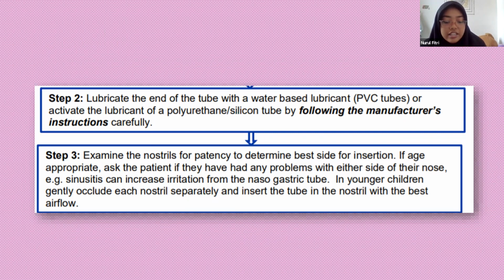In a patient who can answer our question, we can ask him or her which nostril has a problem, such as sinusitis. And in an infant, we can gently occlude a nostril so that we can know which nostril has the best airflow, and then we choose the best site for insertion. Okay, next slide.